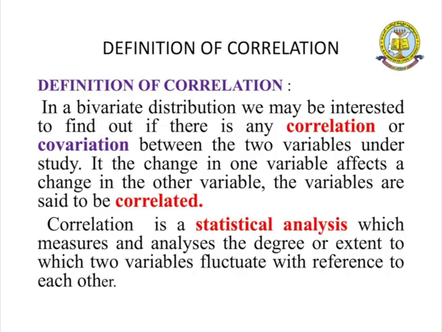Correlation is a statistical analysis which measures and analyzes the degree or extent to which two variables fluctuate with reference to each other. For example, take student and teacher correlations: attending the classes and gaining marks, there is a relation. This type of relation we will explain in upcoming slides.